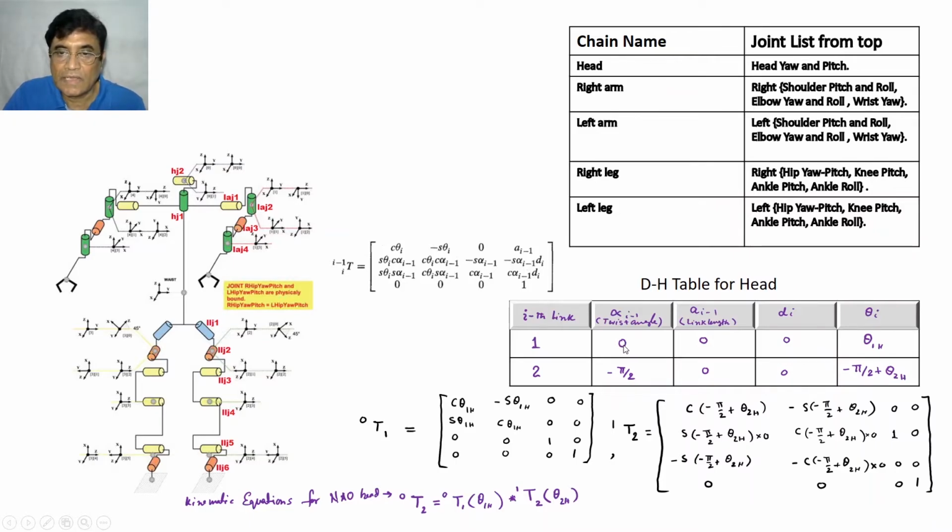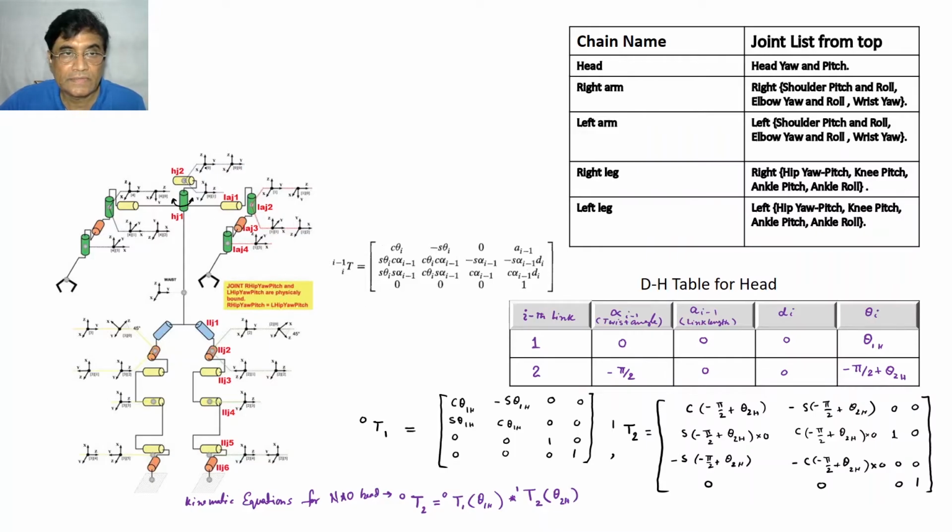So alpha is 0, a i is 0, d i is 0, and only theta i for the head is variable. So now you can revolve the head like this. This is yaw. Then for the link 2 coordinate frame, this is head joint 2.